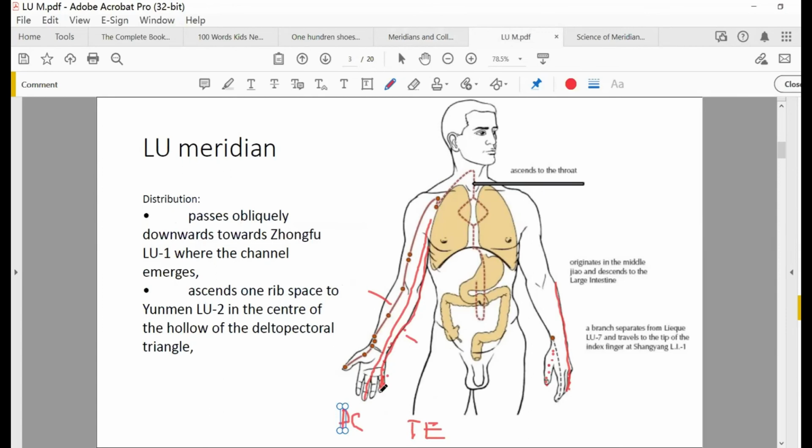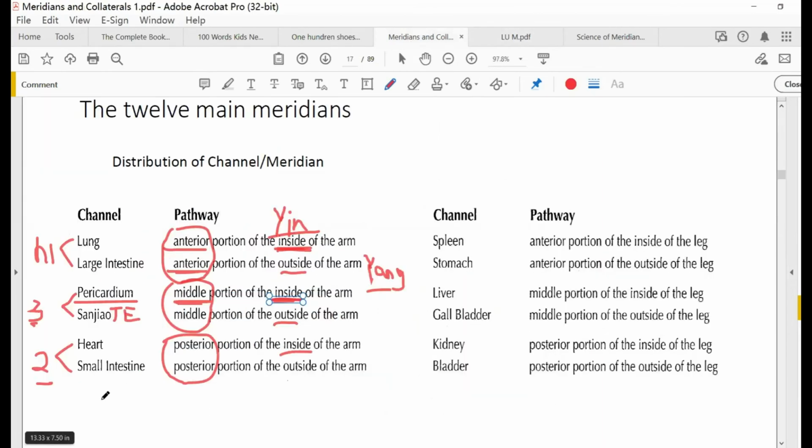So which meridian is this one? Posterior, yin part: the heart. Yes, that's the heart.